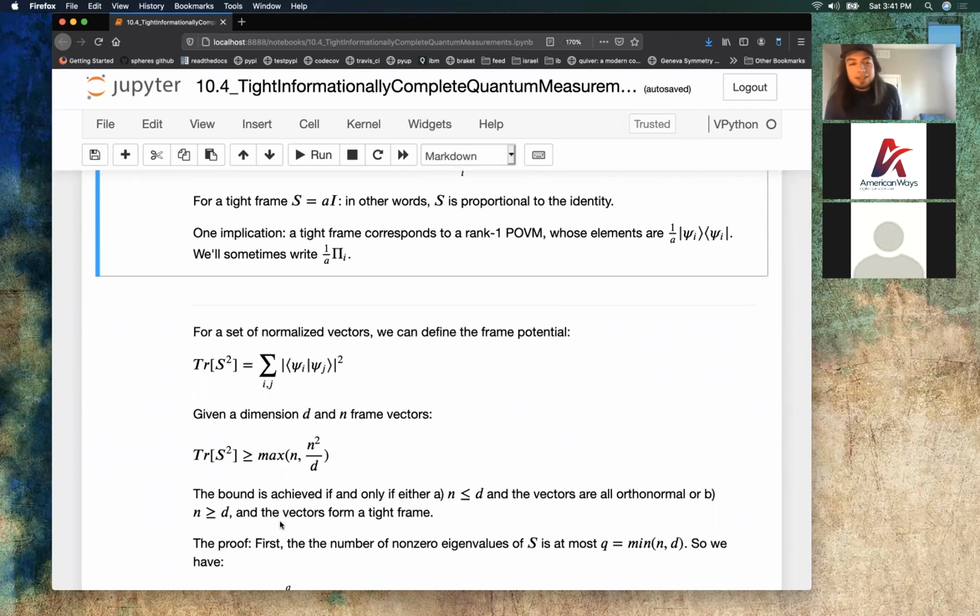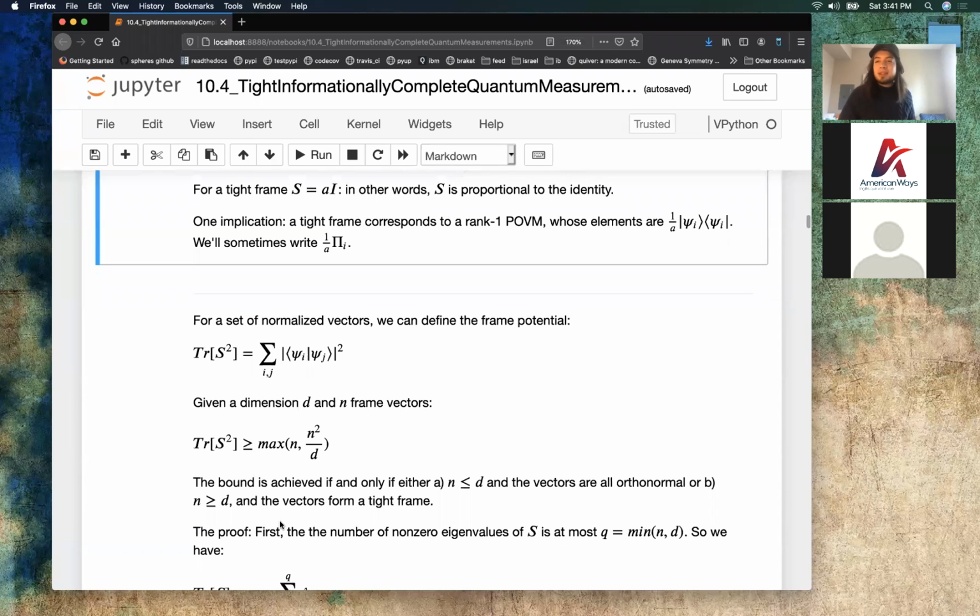So there are two cases: this bound is achieved if and only if either n is less than d, in which case the vectors are all orthonormal, or we have more vectors than the dimensionality, in which case the vectors form a tight frame if they saturate this bound.